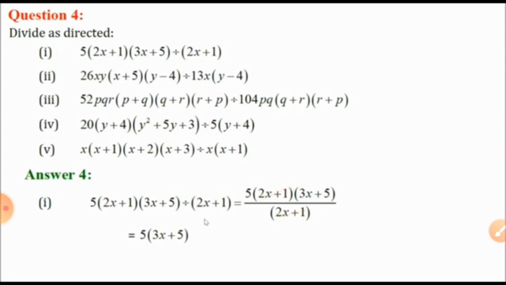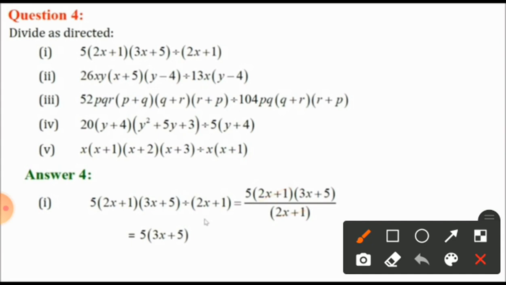The thing that is cut out here is 2x plus 1, 2x plus 1. The whole bracket will be cut out, and a bracket means these are multiplied. Suppose here plus 1 was given, then we cannot do anything. Isn't it? Yes. So it will be a different answer.